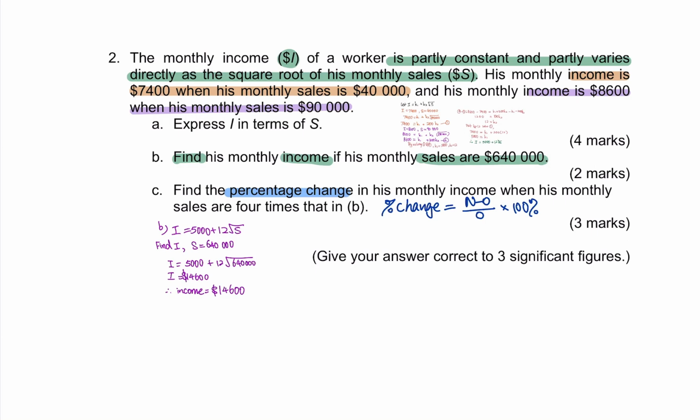Okay. So let's write all the original things. So originally, how many sales were there in part B? Yep, that thing. So what was the original income? The income that you found in part B? Yep, 14600, sorry.